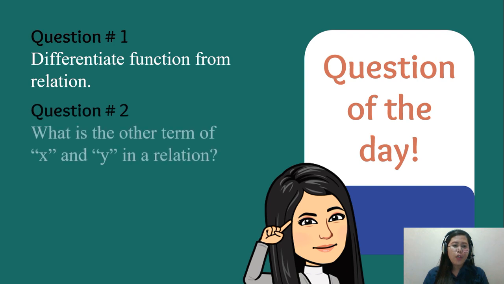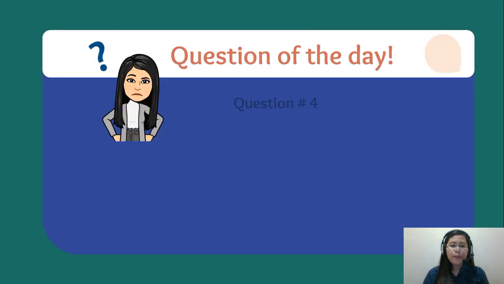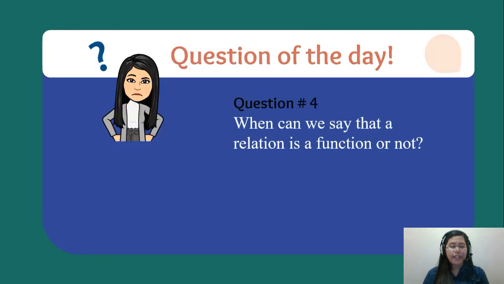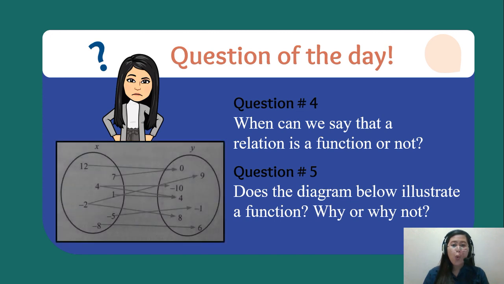Question number 2. What is the other term of x and y in a relation? Question number 3. How do we represent a function? Give at least one and explain. And then number 4. When can we say that a relation is a function or not? Last one. Does the diagram below illustrate a function? Ayan. Why or why not?